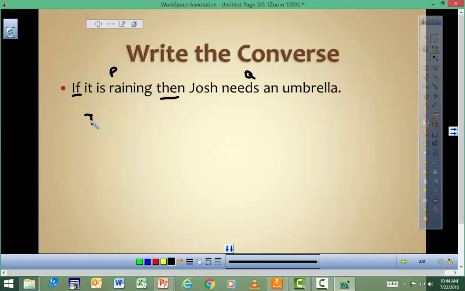If P, then Q. To write the converse, we have to switch the P and the Q. So then we'd write if Q, then P. Now, sometimes to do this, you have to play around with the words a little bit, and sometimes you have to even add in a few extra words just to make sense of it. So this would be the converse.